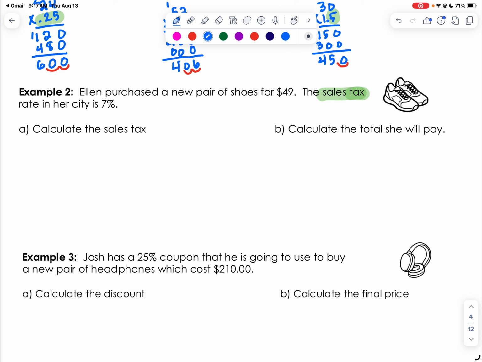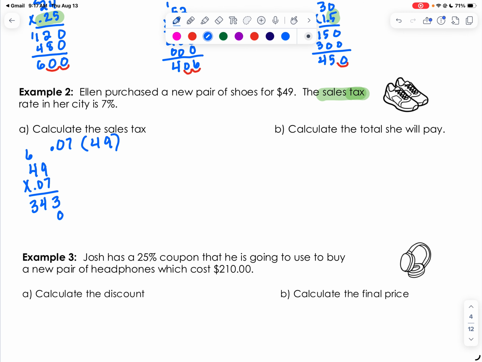So we're trying to find what is 7% of 49. So the decimal equivalent of 7% is 0.07, and we want to multiply that times the $49. So 49 times 0.07. 9 times 7 is 63, 7 times 4 is 28, plus 6 is 34.